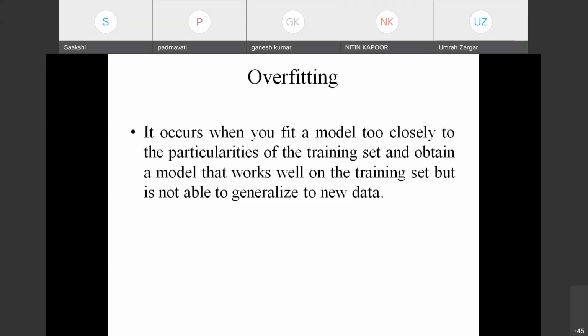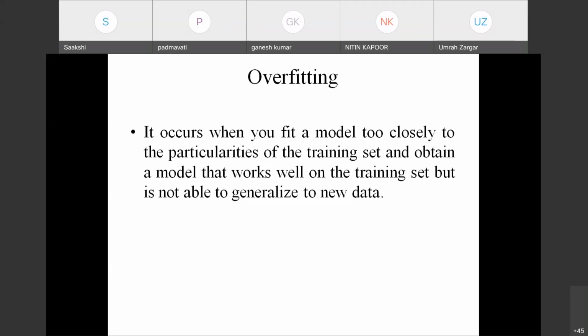Generalization means my built model works very well on the training data because it has seen it during training and it has adjusted the parameters such that it always gives good results or minimum loss when we give the training data, right? But we have also seen the characteristics of generalization.